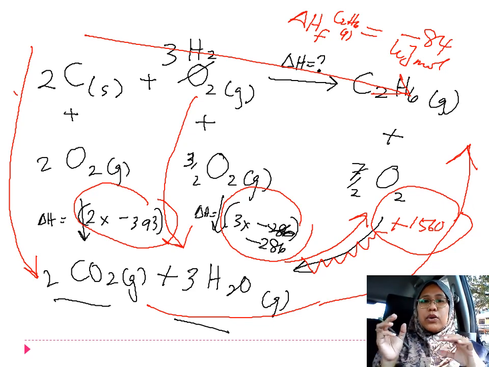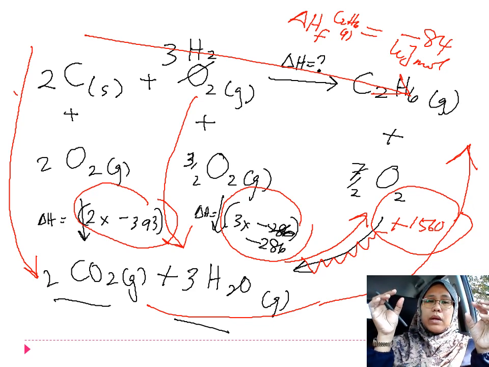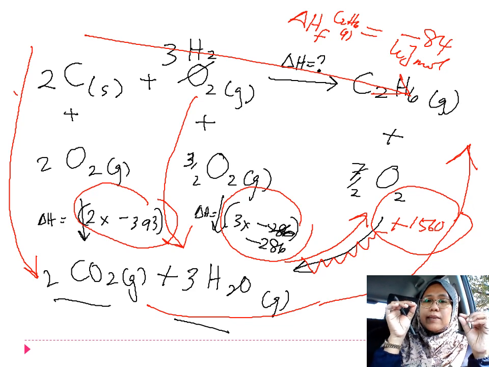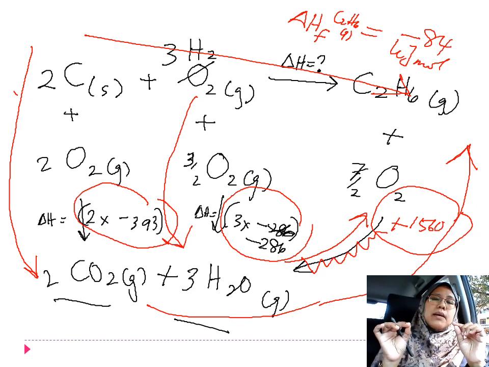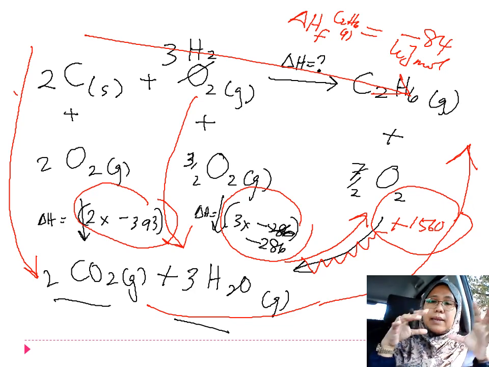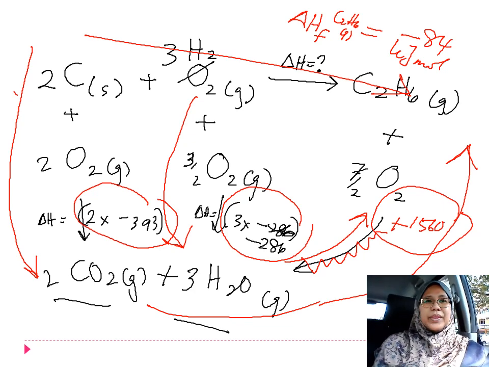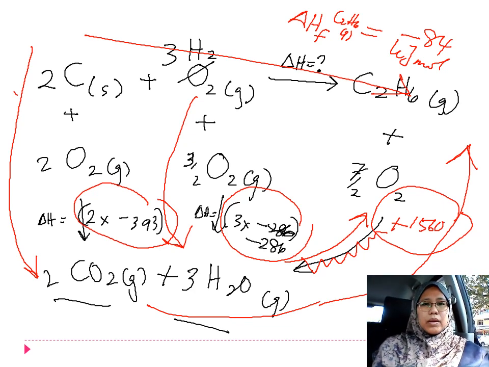But for the energy cycle method, it is simpler because the number of moles is clearly stated in the cycle, and all you have to do is just make it balanced and complete and in a cycle. Okay, so that's it.